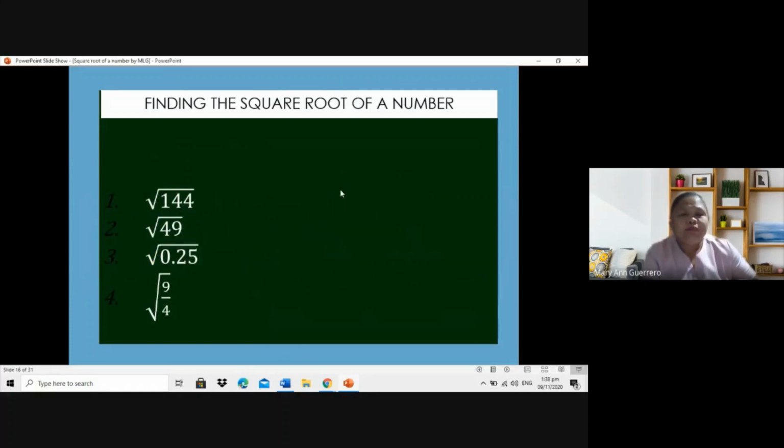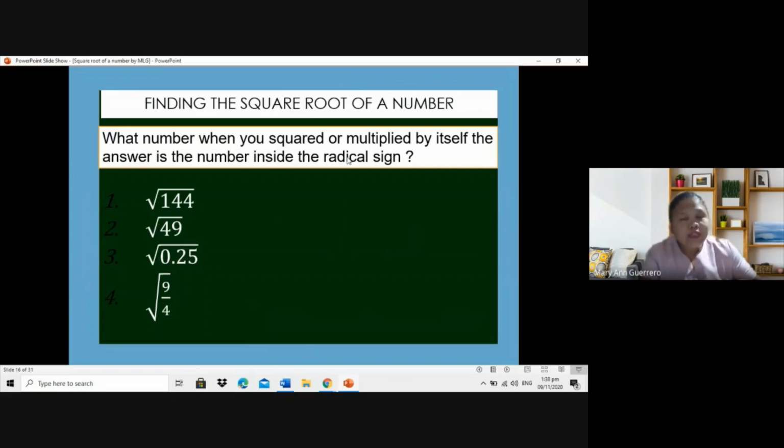Finding the square root of a number. Square root of 144. So how to find the square root of a number? Just ask yourself what number, when you squared, the answer is the number inside the radical sign.